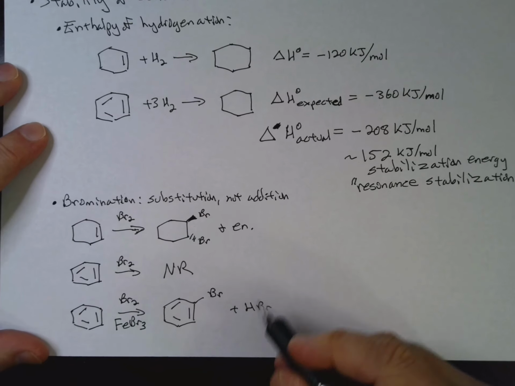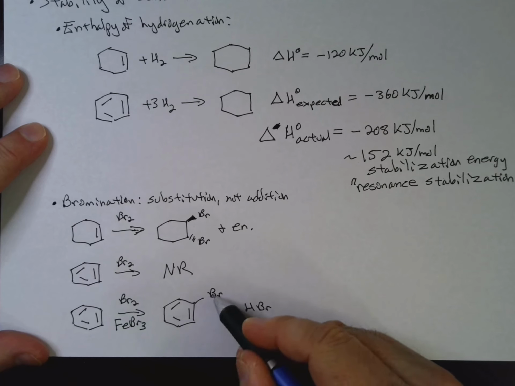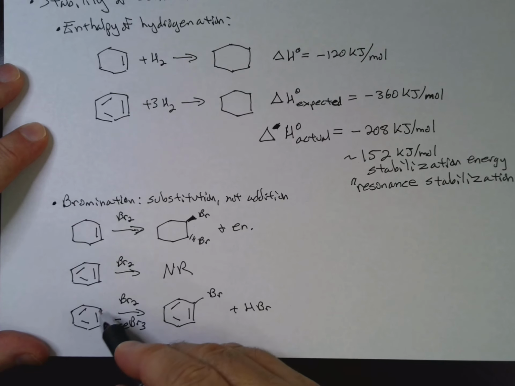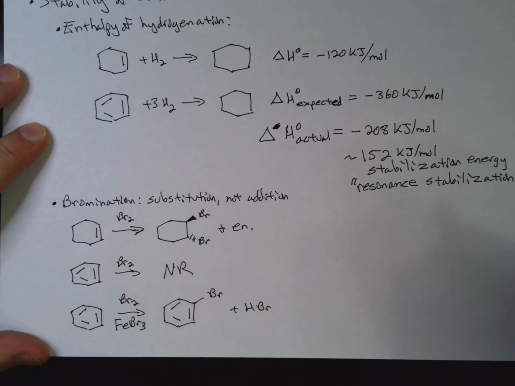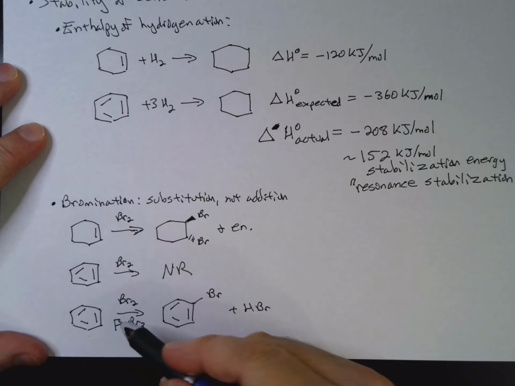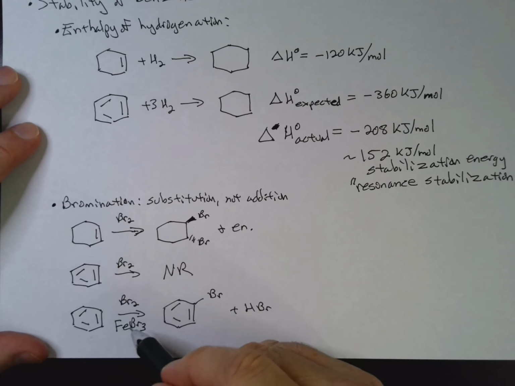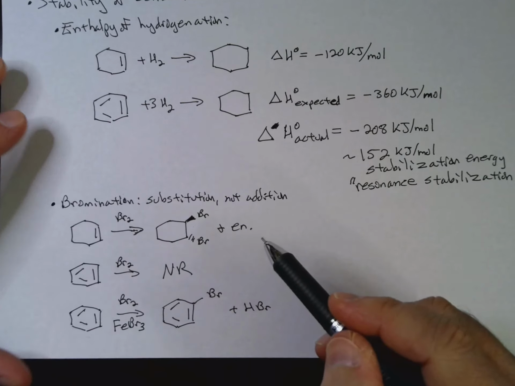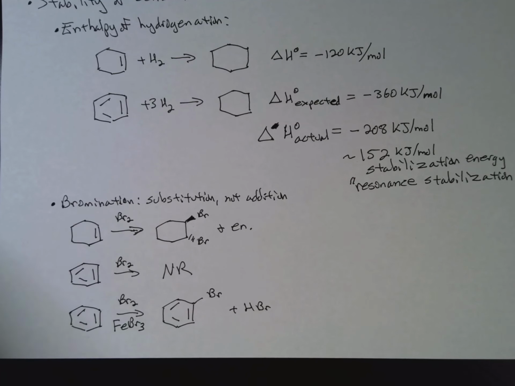But we'll see that we actually get a substitution. We get one bromine on the ring, the hydrogen is removed from the ring, and we get HBr as our byproduct here. So this is interesting. Benzene reacts in a much different way than a regular alkene does. So something is definitely going on.